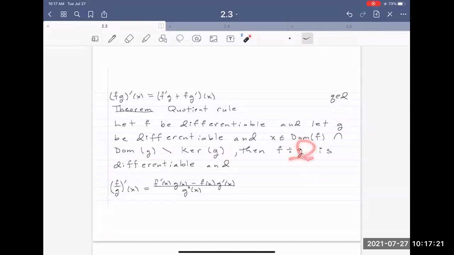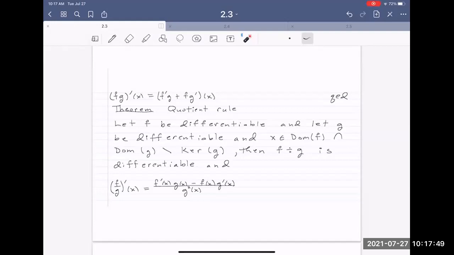Then f divided by g is differentiable, and the derivative of the quotient f divided by g at x is f prime at x times g of x minus f at x times g prime, all divided by g squared.